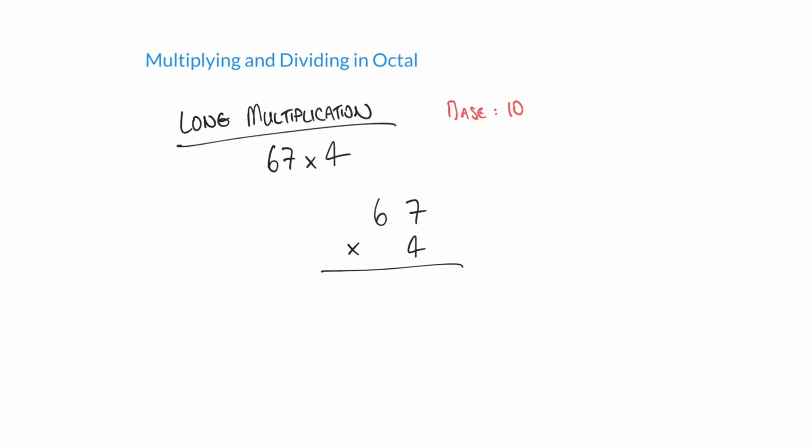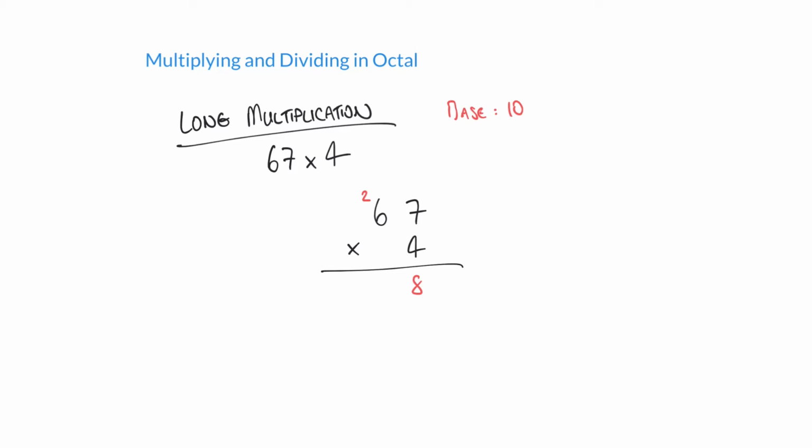Let's see what we mean. Since 4 times 7 gives us 28, we can carry the tens to the next column. So we have two tens, as it were. And what remains is going to be the 8, which goes down here. So let's put these in. We're going to carry the 2, and we're going to put the 8 as part of our result there.